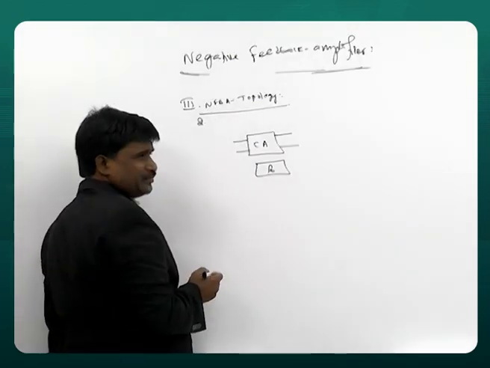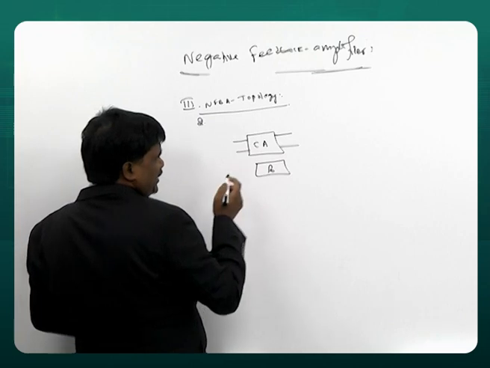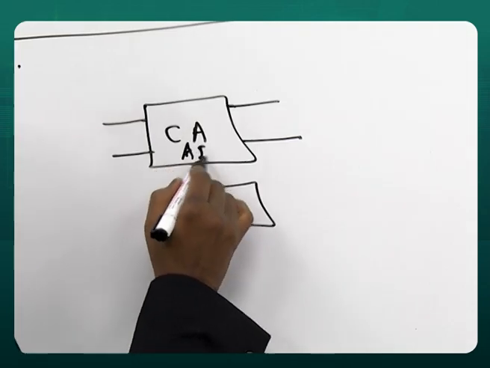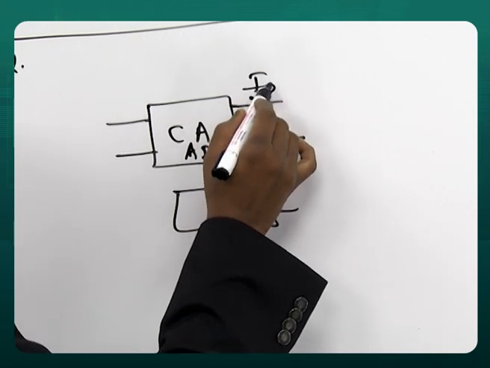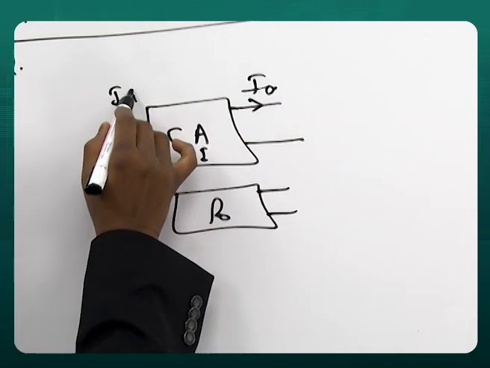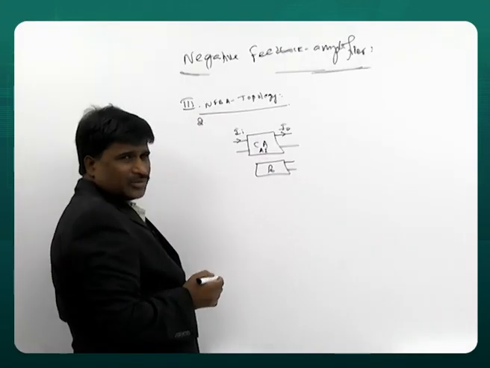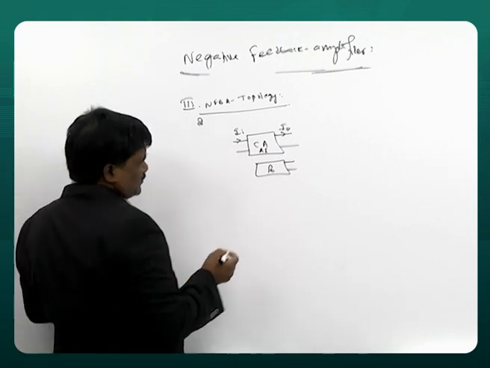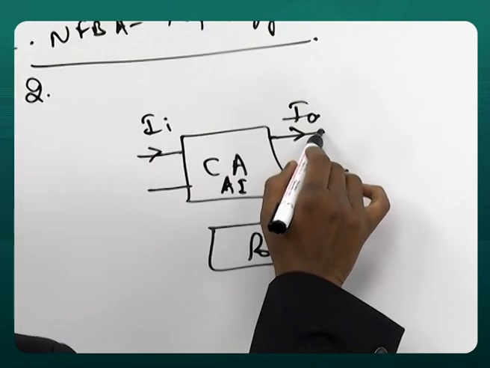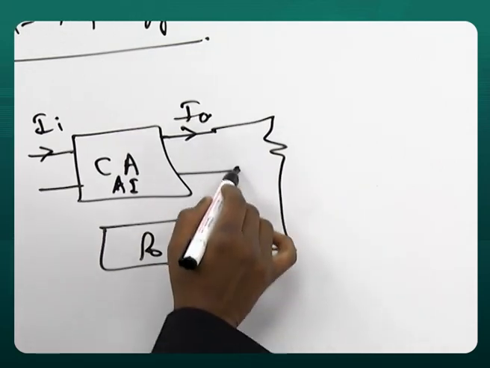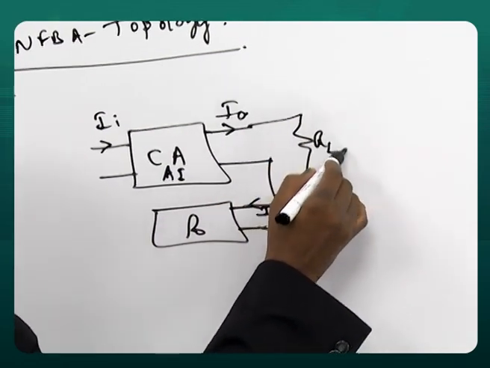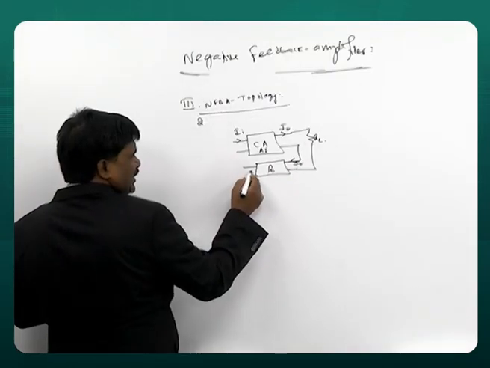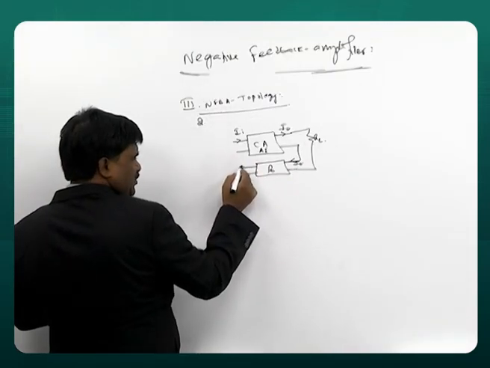How does it do? It's a current amplifier, gain is AI. This will be a current, this will be a current. Both are currents. The same current should come here. If this is current, this should also be current.